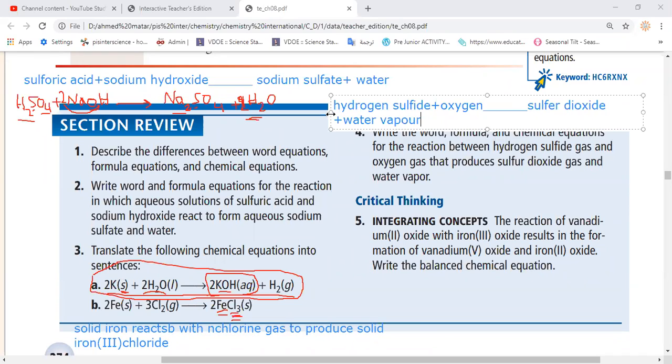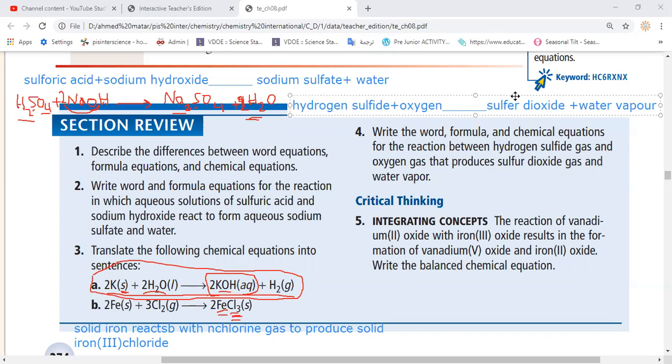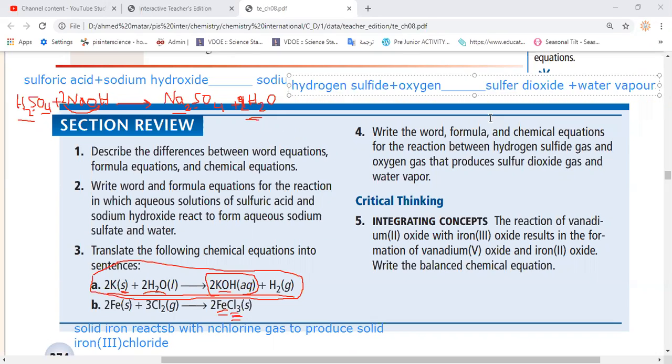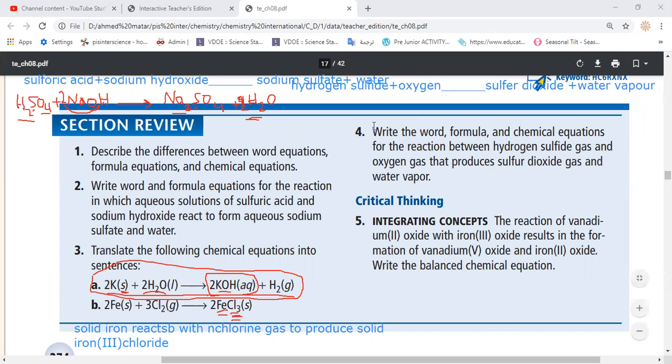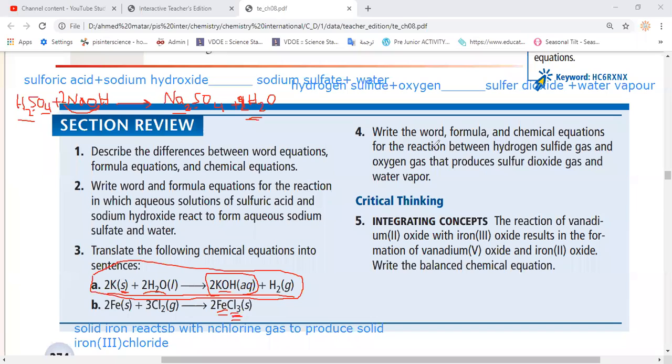So that is the word equation. So we need just to make it as a formula equation right now. So how can we make it, guys?